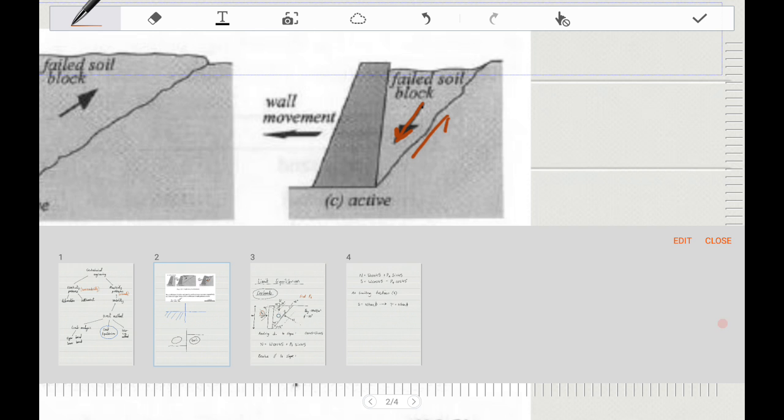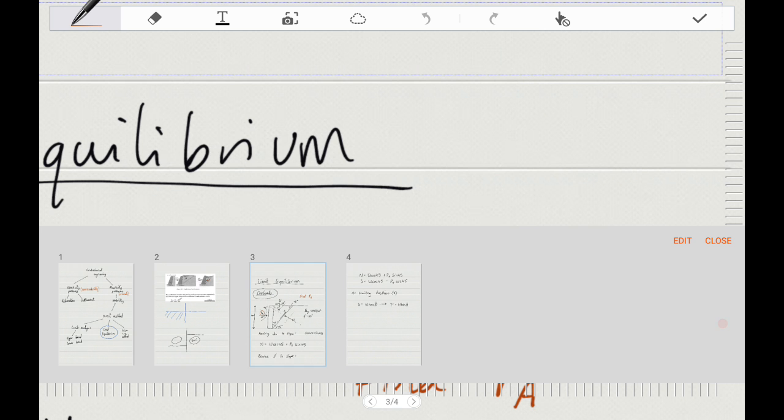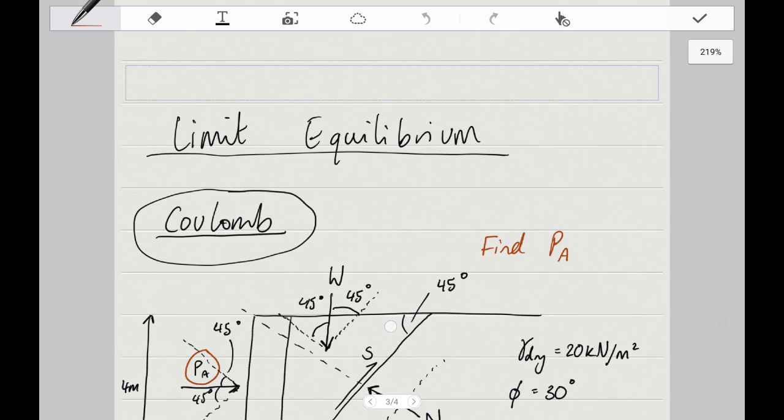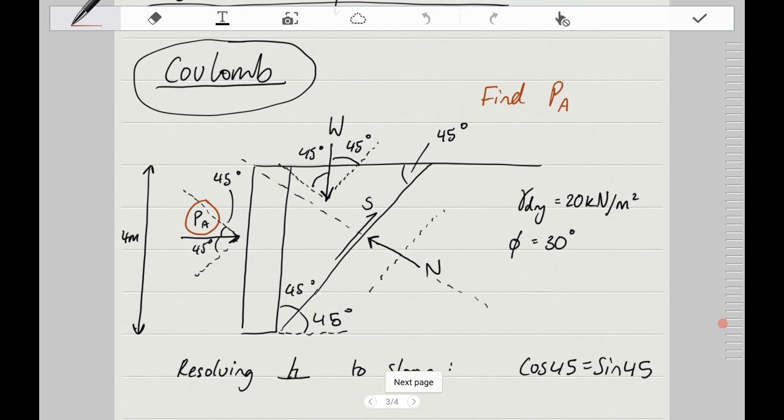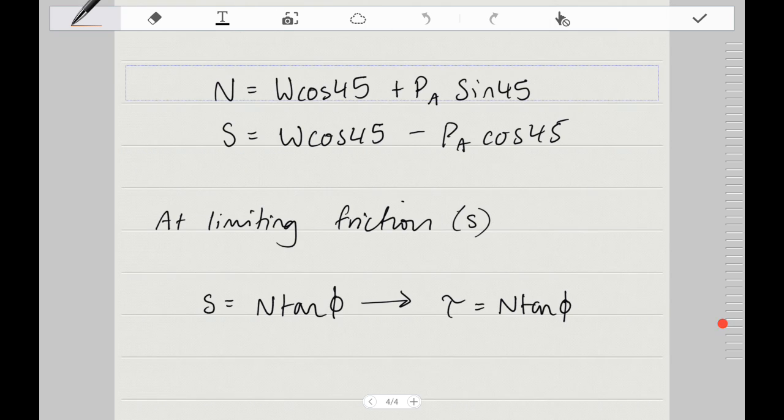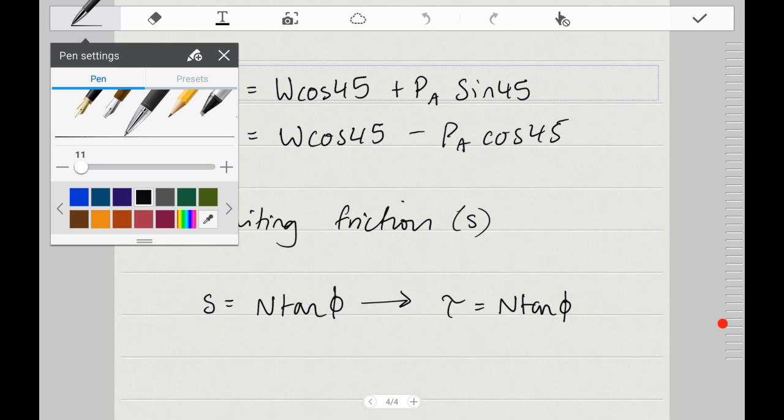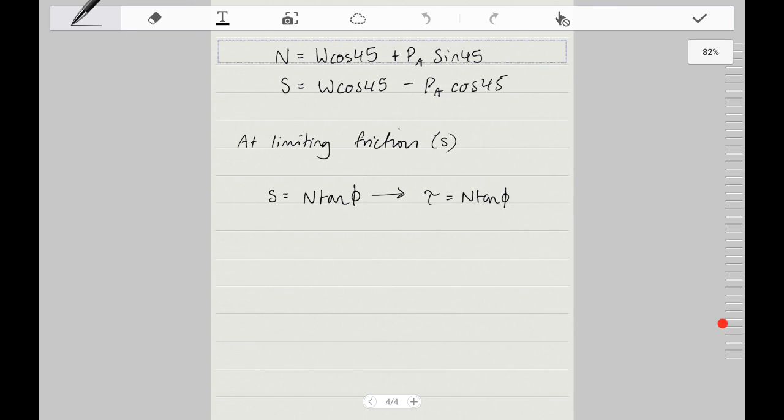So that's where we've got the direction of S. Just to remind you, S is your friction force, also your shear force, because soils fail by friction. They fail through shear.